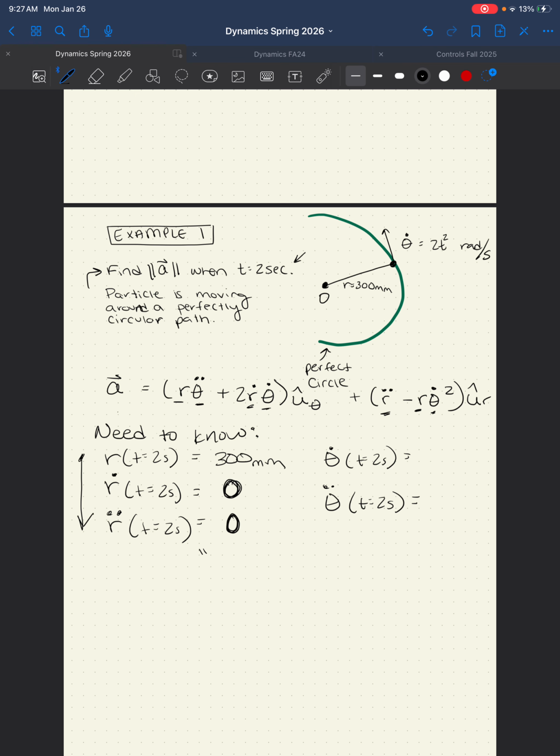And that's because the radius of the circular path doesn't change. Okay, now theta dot is given to me in the problem as 2t squared, so I can go ahead and plug in t equals 2, and I should get 2 times 4, which is 8 radians per second.